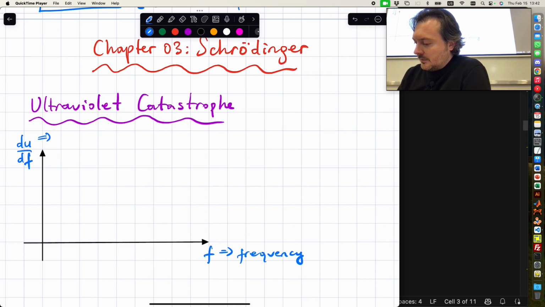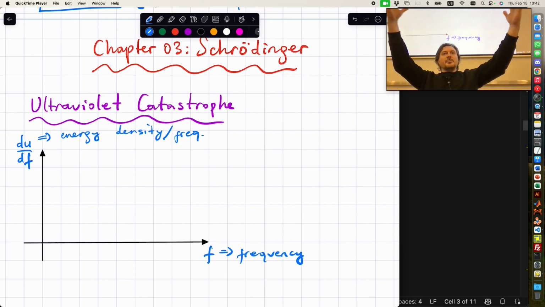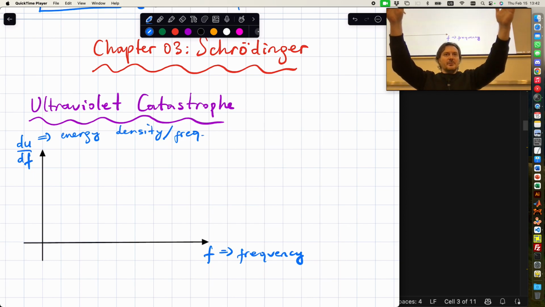This is energy density per frequency. Okay? There is some light coming from the sun, okay? And you basically put them into their frequencies. So light is yellow, right? So mainly the maximum amount of frequencies that we are receiving are in the yellow part. Okay?